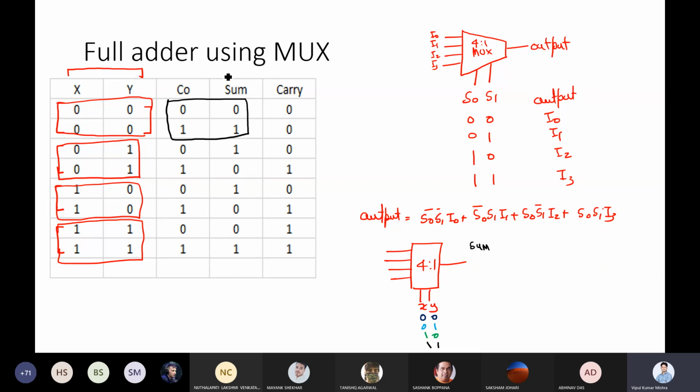So you have to find out the relation between C0 and sum. What is the relation between C0 and sum? Equal. So if you put this input C0 here, what will be the sum value when the value is 0, 0? C0, the same value we required is produced in the output.